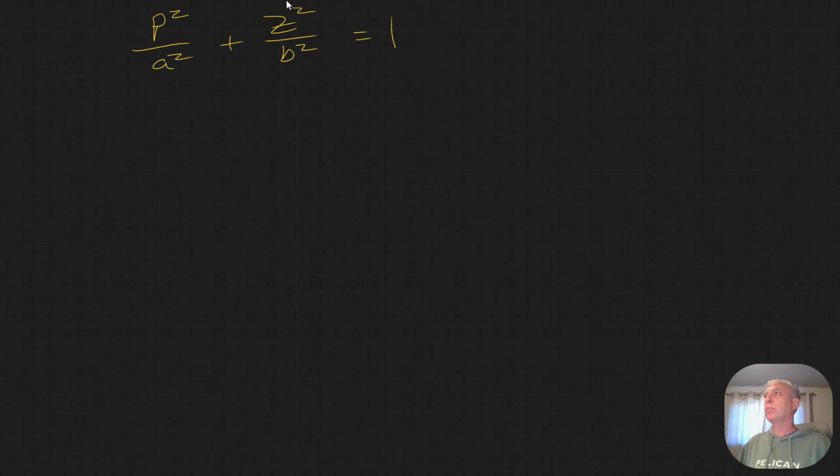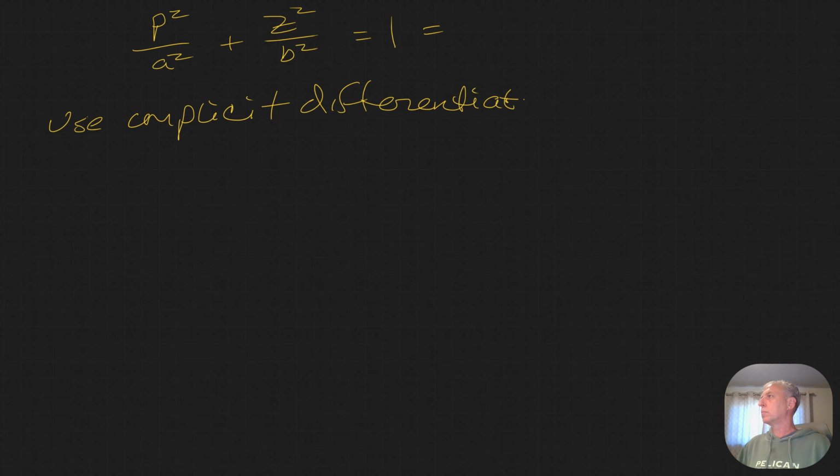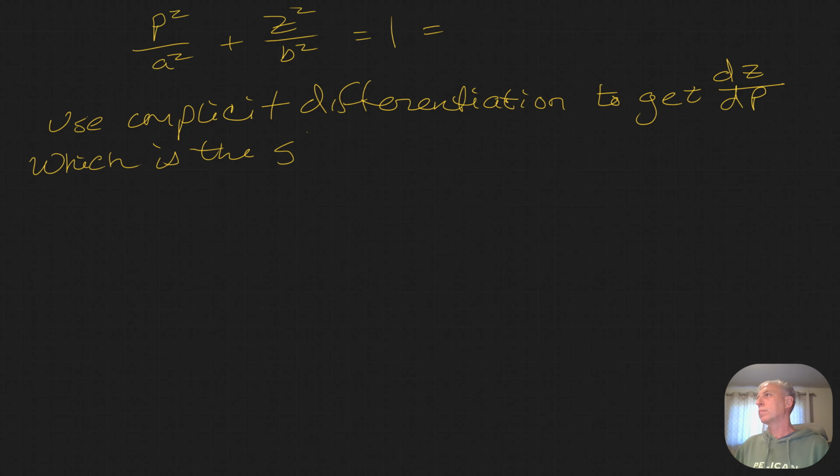So what we need to do is use implicit differentiation to get dz/dp, which is the slope of our tangent line for any point on the ellipsoid.